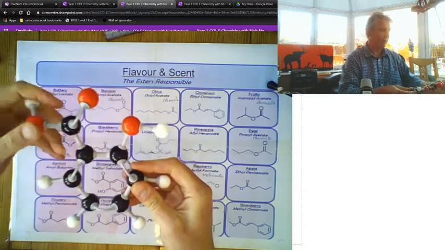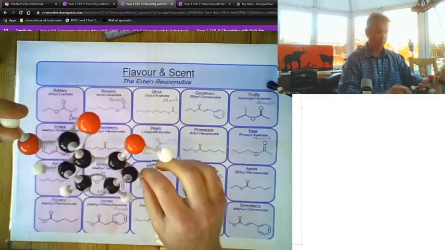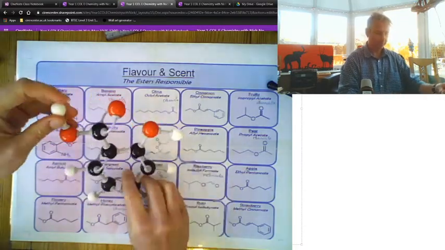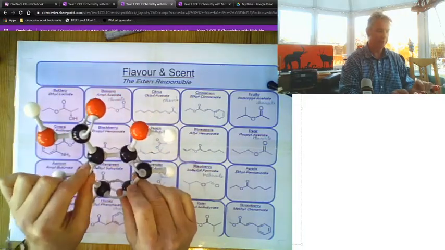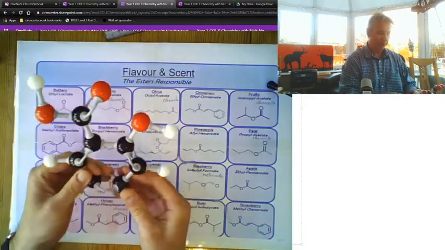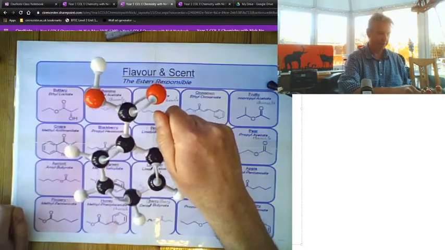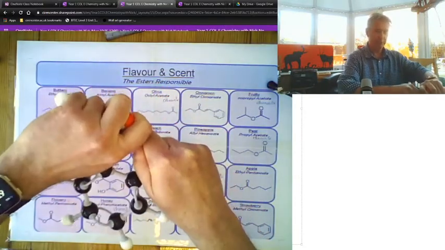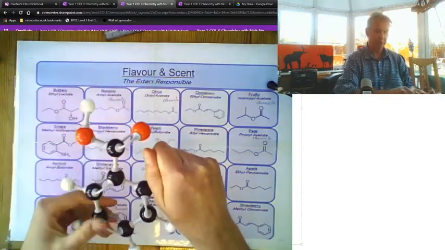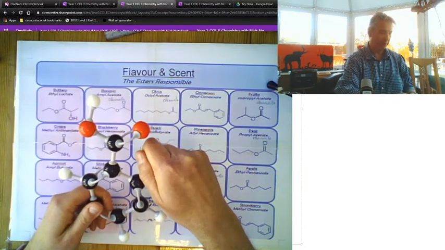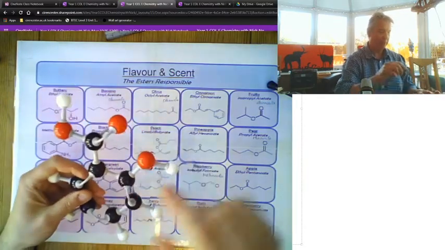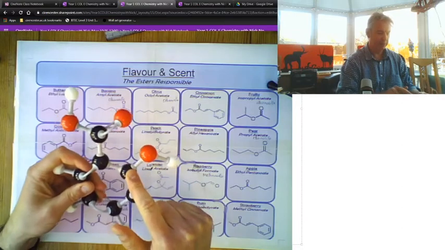So here is my salicylic acid, or a more correct technical name would be 2-hydroxybenzoic acid. Benzoic acid would be that. The carboxyl group at the top here is the most important functional group of this molecule, so that's in position number 1. This alcohol group is in position number 2.